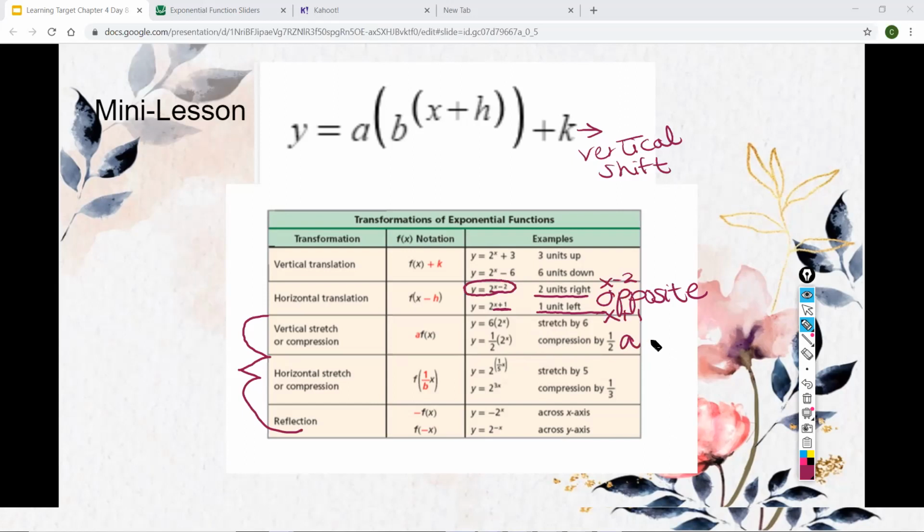So A, if A is less than 1, it's compressed. Just write that down. If A is greater than 1, it's stretched.